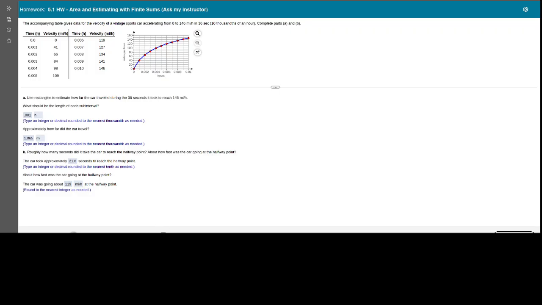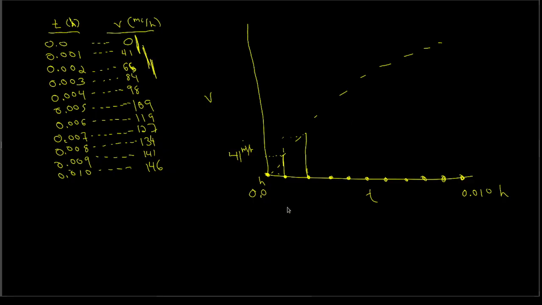And what happens is the sub-intervals themselves are the delta t's. All right, so for question A, what's the length of the sub-interval? Well, our delta t, these were all recorded with a delta t of 0.001. So that's the first part of the question.